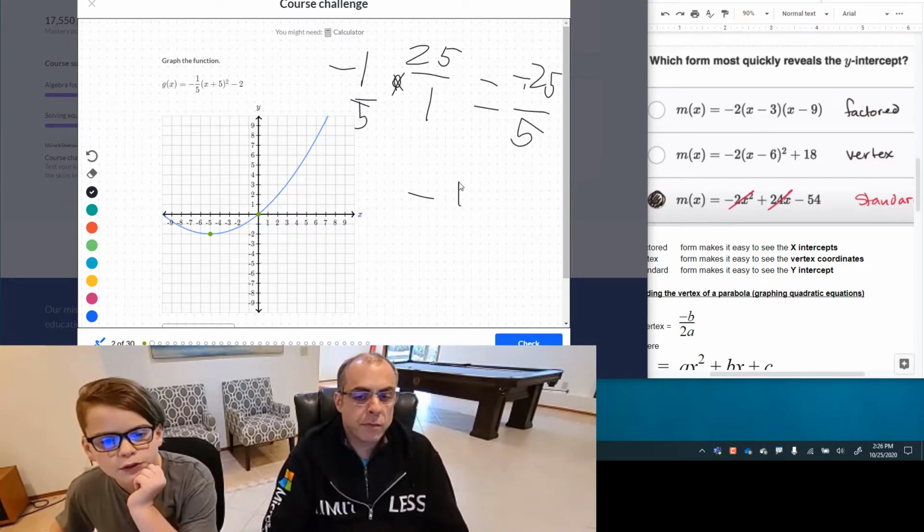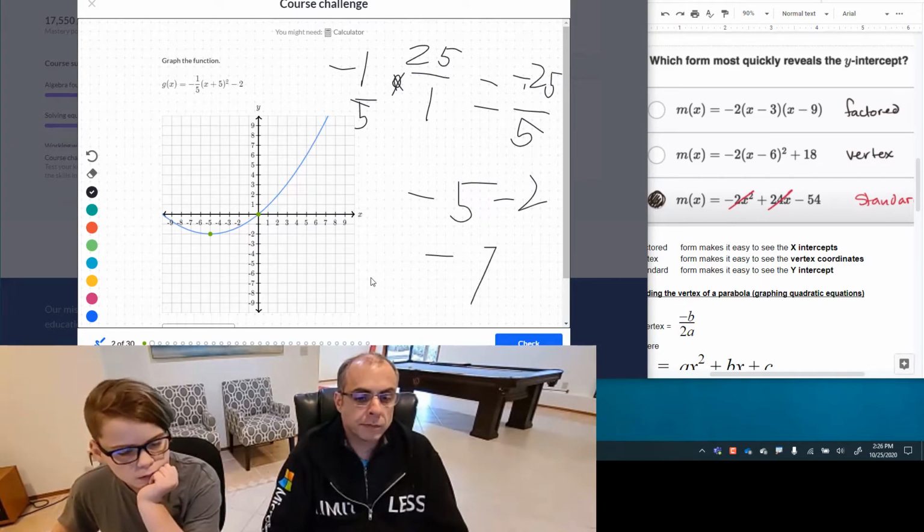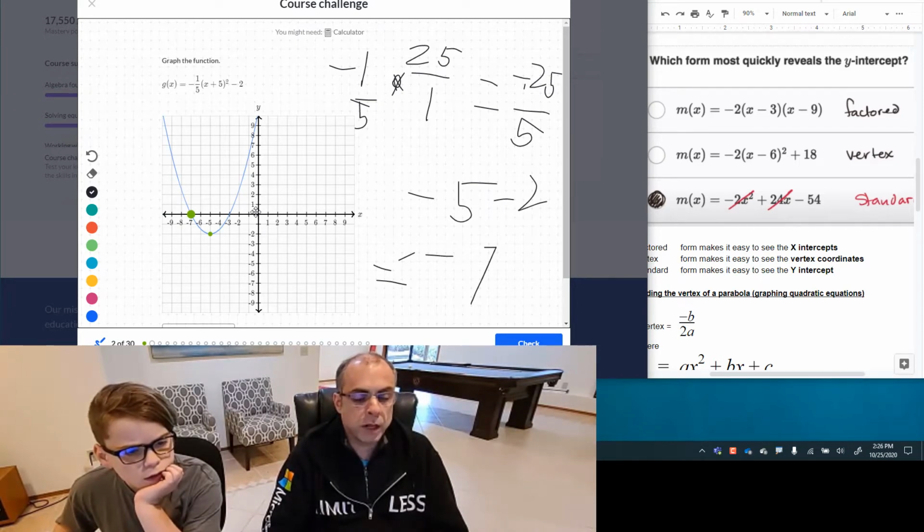That equals negative 5 minus 2 equals negative 7. So would it be this then? What was the x value you plugged in? I plugged in 0. So would it be 0 or 7?